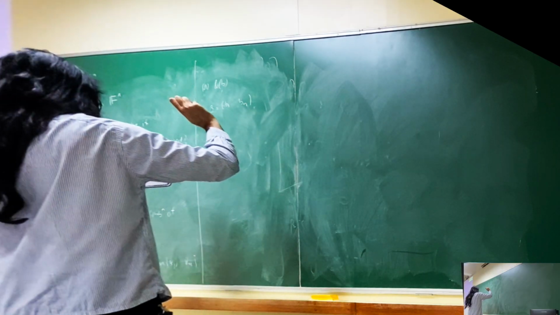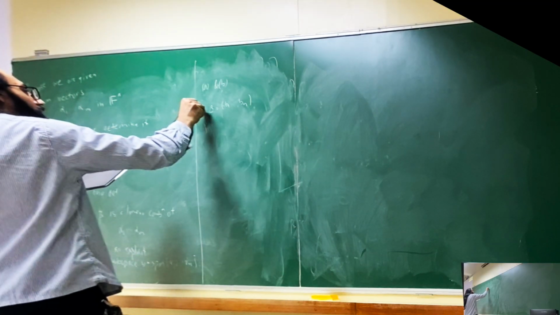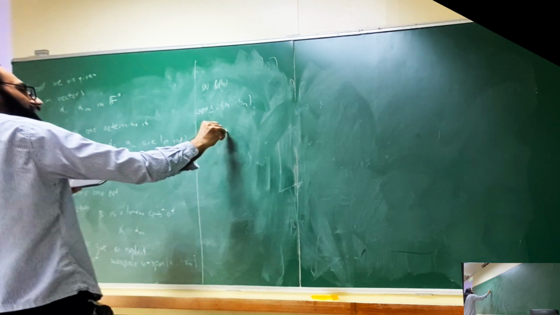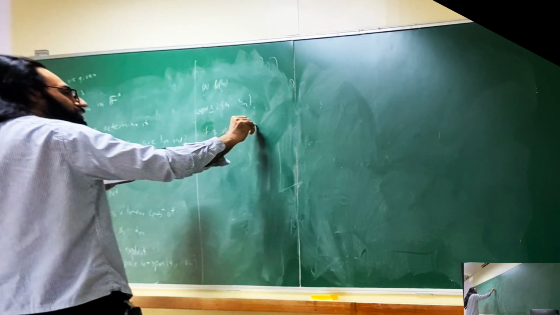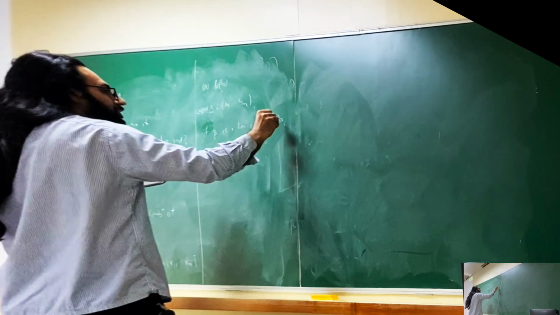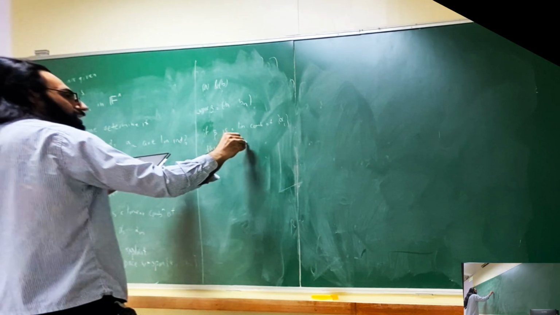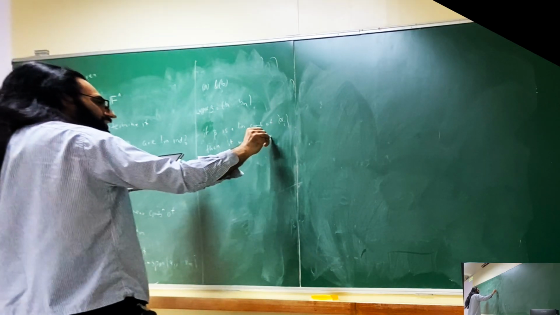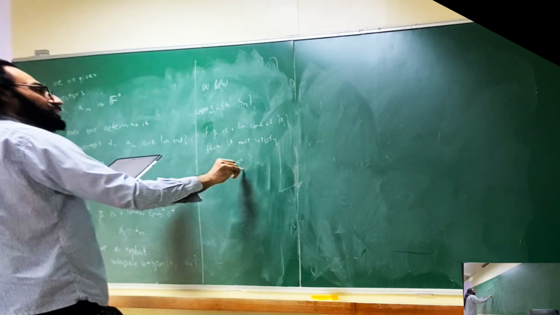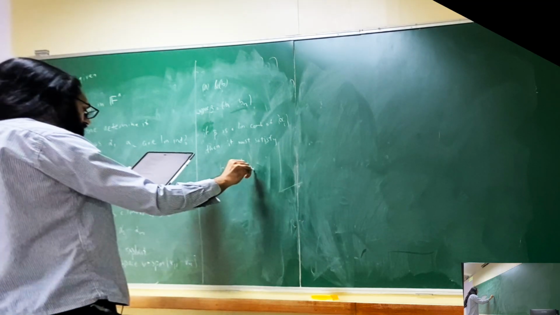Then we showed that beta is a linear combination of the alphas, and it must satisfy this equation. These are the coordinates of the vector beta, and this is the condition that we want to set.